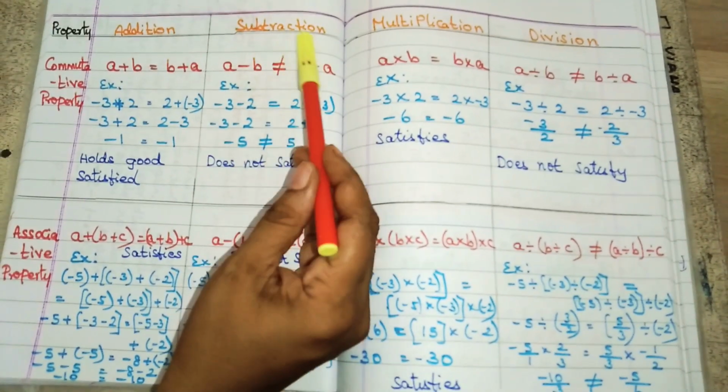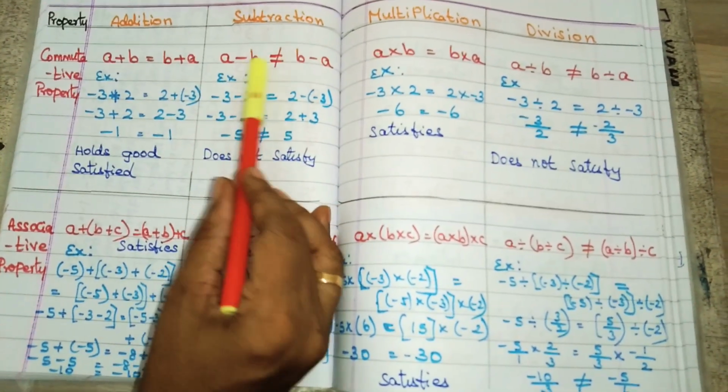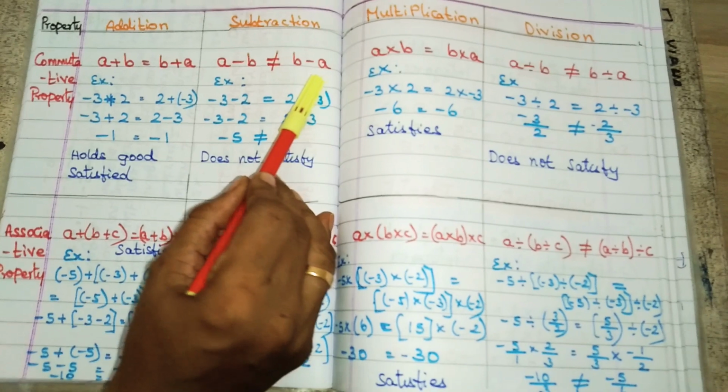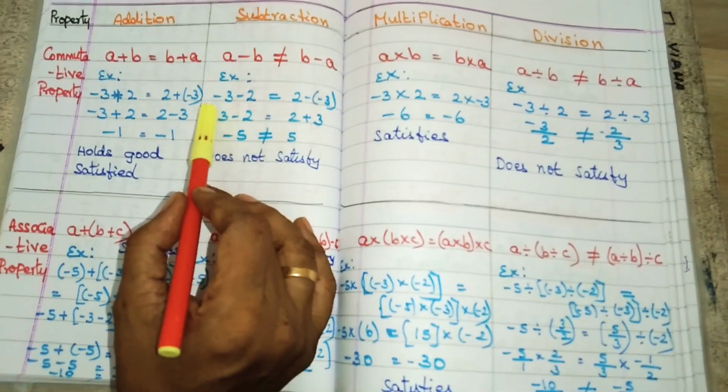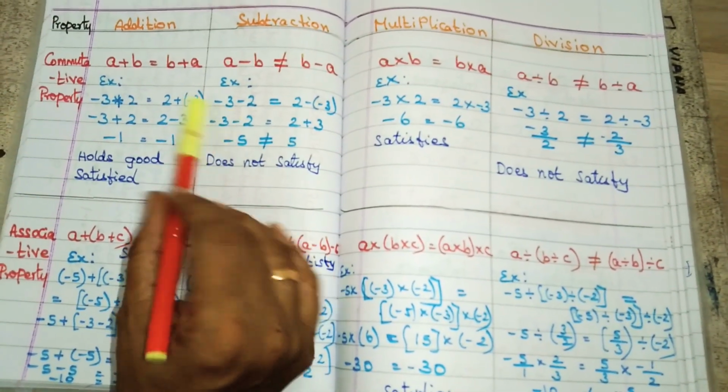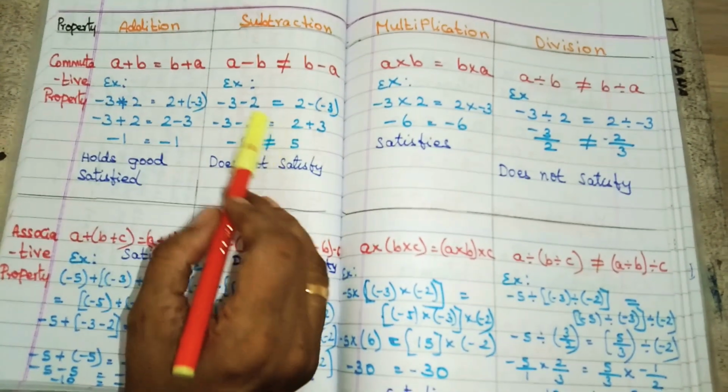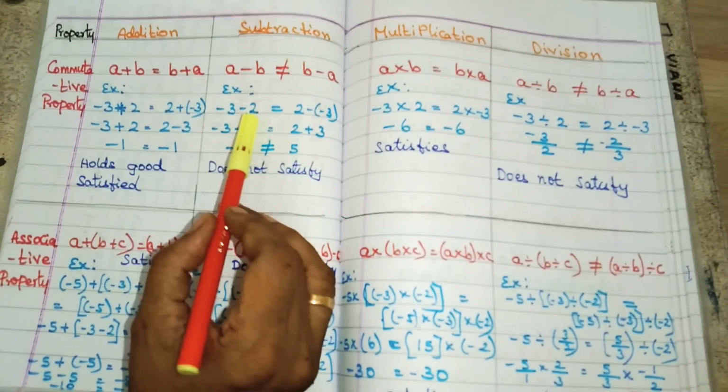Next, subtraction. A minus b is not equal to b minus a. So let's see what is happening. Minus 3 minus of plus 2. So plus 2, when I subtract it, will become minus.